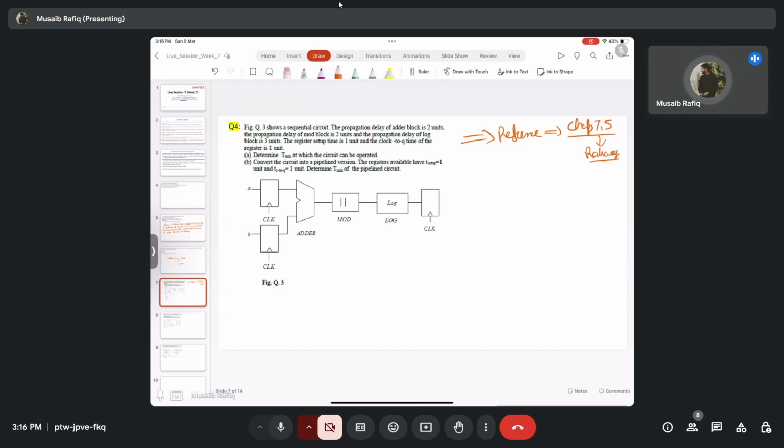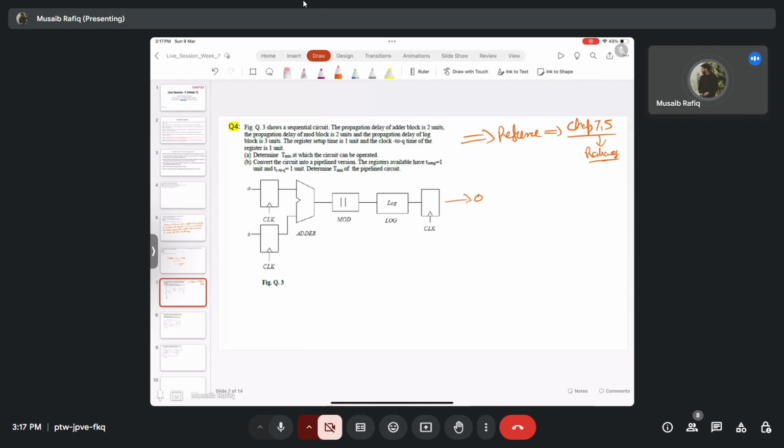So the question here is, I want part A to be solved by you guys. Part B I'll show you. Part A states that the propagation delay of the adder block is 2 units. The propagation delay of the mod block is 2 units. Basically what this circuit does is it performs the log of the mod of A plus B. That's all.